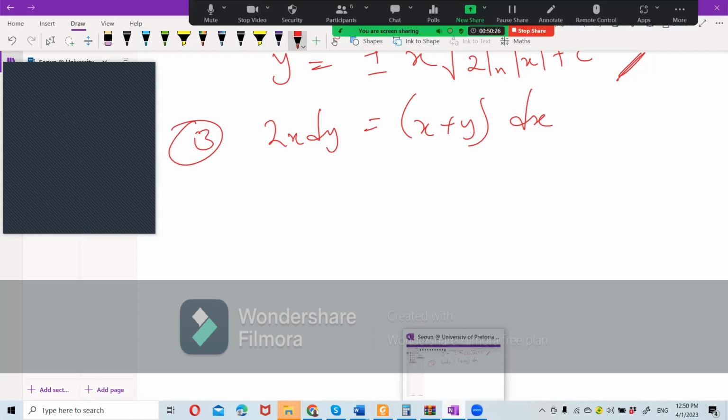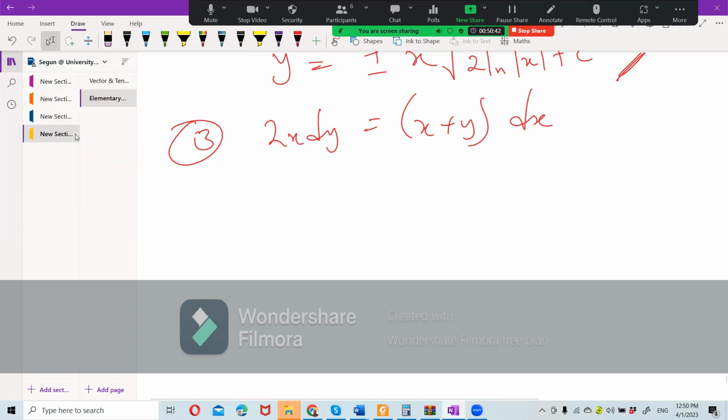For us to solve this one, it's a bit lengthy, but we can do it. Let's start. Solution now.